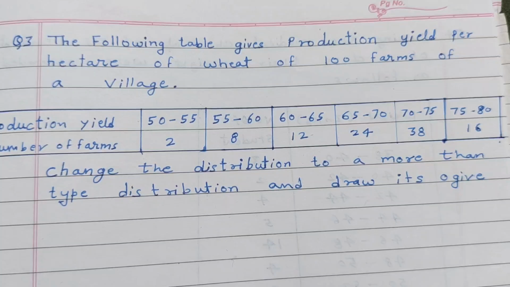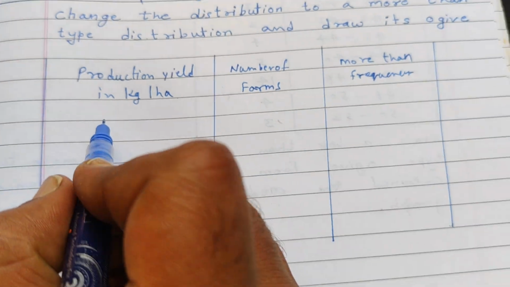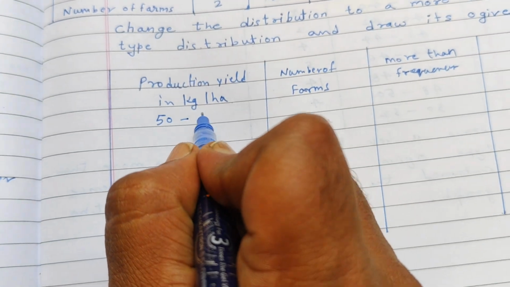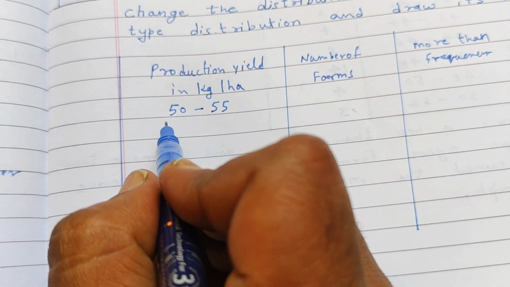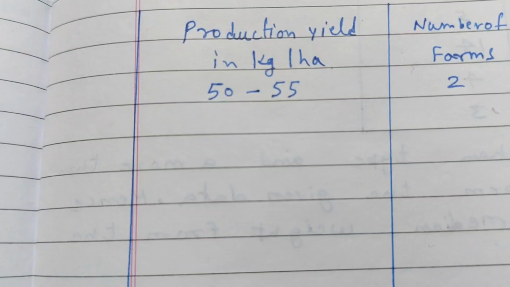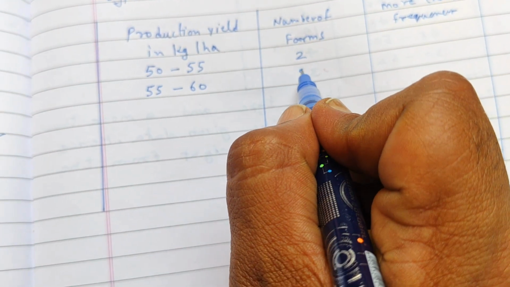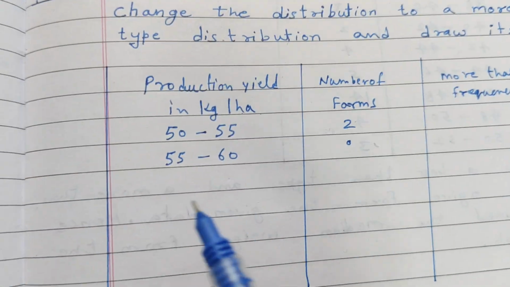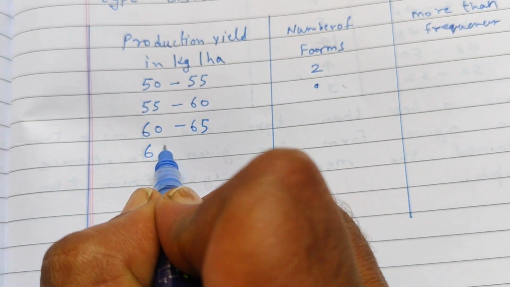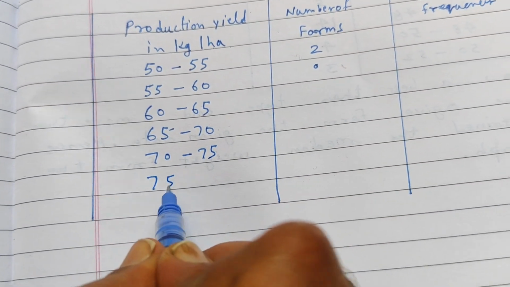First, here 50 to 55 hectare, the number is 2. 55 to 60, 60 to 65, 65 to 70, 70 to 75 and 75 to 80.